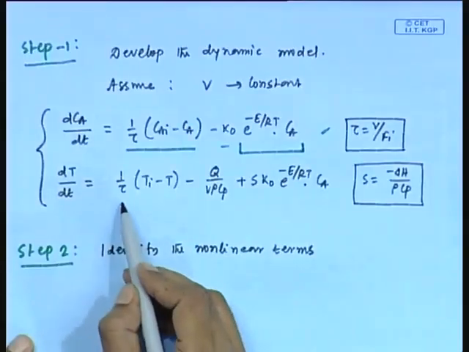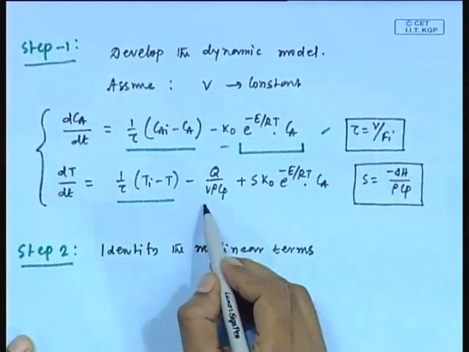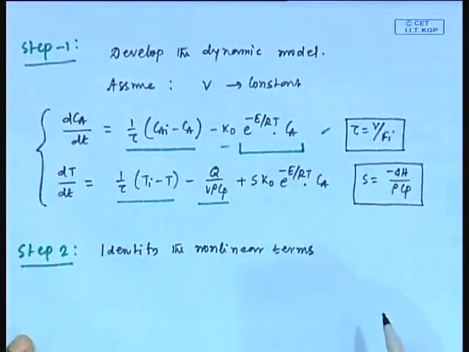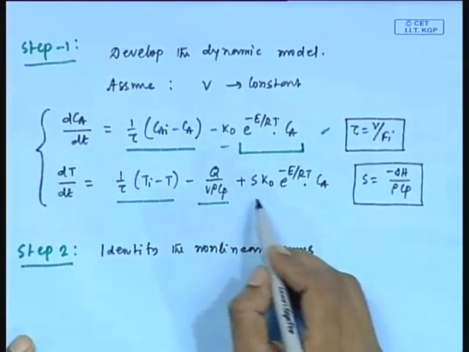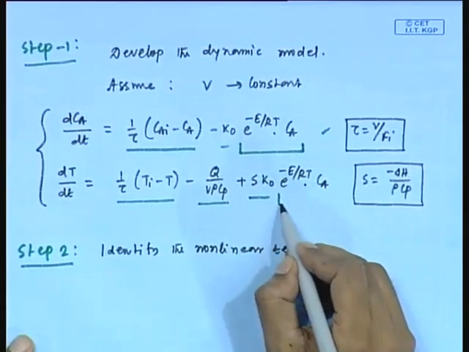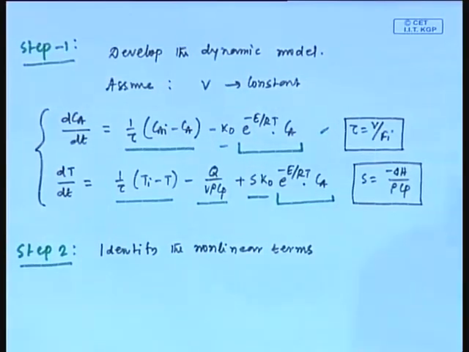Similarly, in the second equation, the first right hand term is a linear term. Fine. In the second right hand term, V, rho, Cp, they all are constant, the only variable is Q. Fine. So, this is also a linear term. In the third right hand term, S is constant, k naught constant. So, here also the nonlinear term is exponential of minus E divided by RT multiplied by CA.